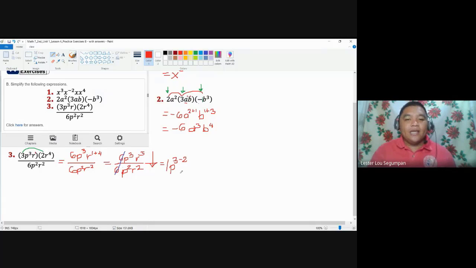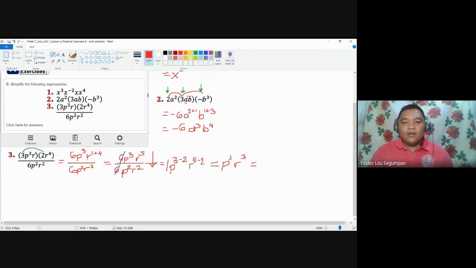That's for P. How about for R? R, 5, because that's the exponent of the numerator, minus 2 as the exponent of the denominator, and do not interchange. Then 1 may not be written, so it stands as it is. So you have P, 3 minus 2 is 1, and then R, 5 minus 2 is 3.